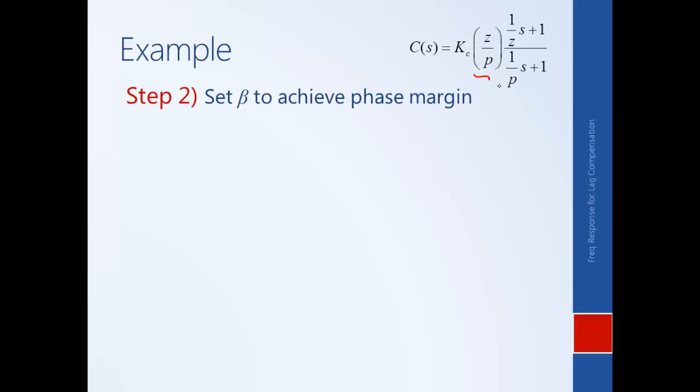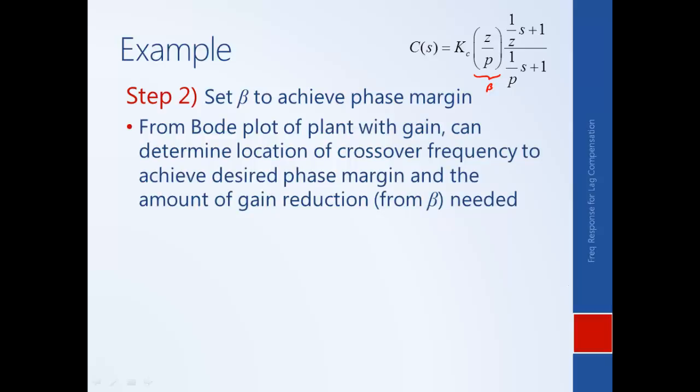The next step of our procedure is to set the ratio of the zero and the pole, which we are calling beta, to achieve the desired phase margin. So in essence, the beta is the amount of reduction in magnitude that we're going to get at higher frequencies compared to the lower frequencies. And we're going to set that reduction in order to set the location of the gain crossover frequency to achieve the desired phase margin.